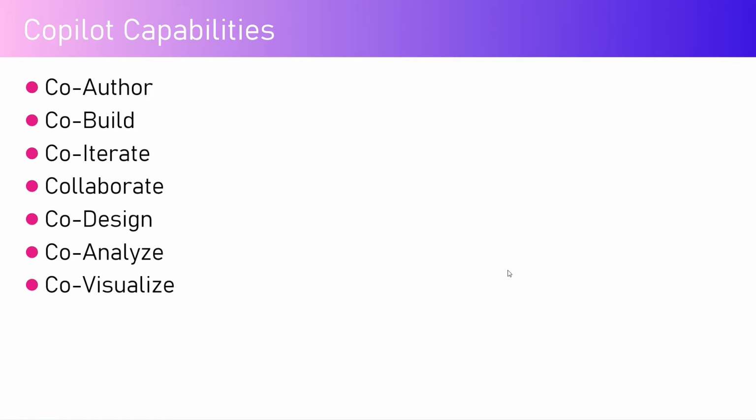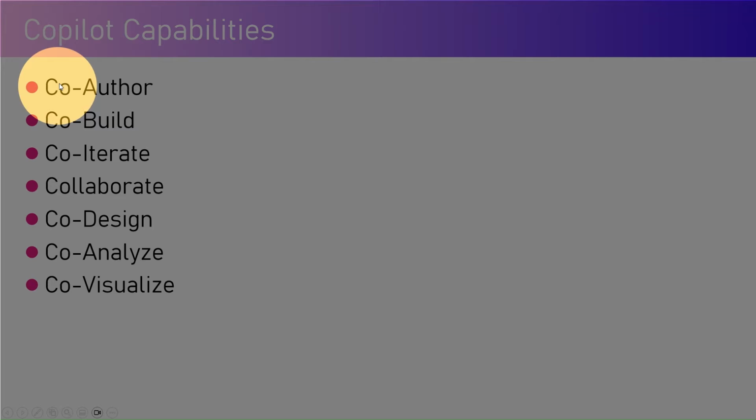Now, what are the capabilities of Copilot? Copilot basically allows you to co-author, co-build, co-iterate, collaborate, co-design, co-analyze, co-visualize. When I say co-author, it means it allows you to write paragraphs, documents, proposals, statements of work, any text-based content. Co-build allows you to build maybe an application.